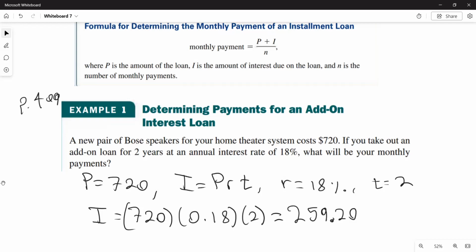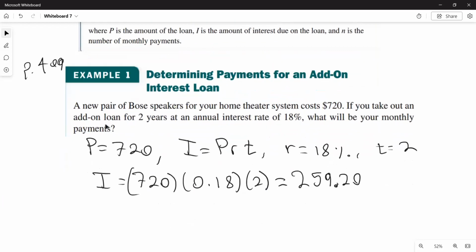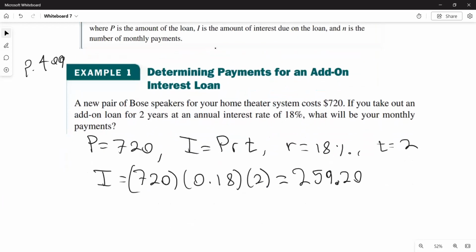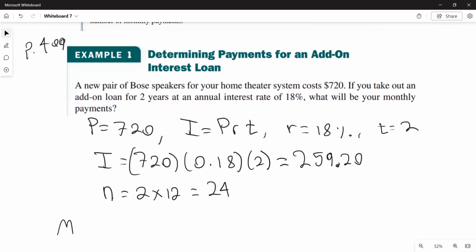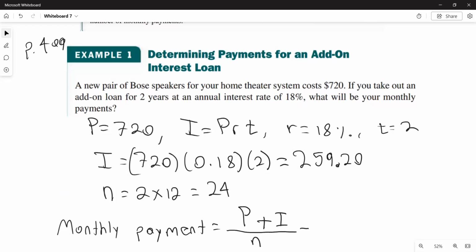So in 2 years, you have 24 payments. N is the number of monthly payments. That's 2 years, and each year has 12 months, so that's 24. And finally, the monthly payment is the amount of the loan plus the interest over the total number of payments.